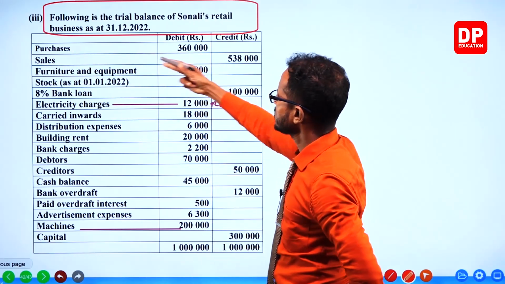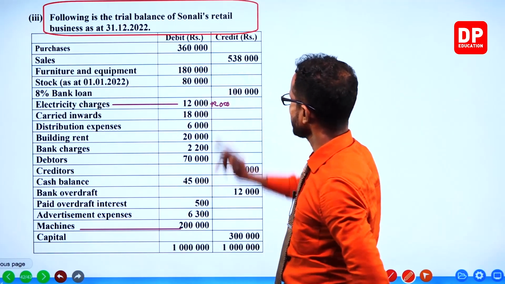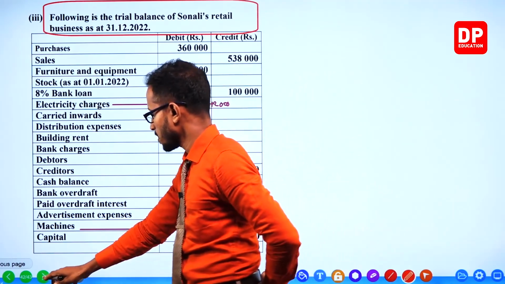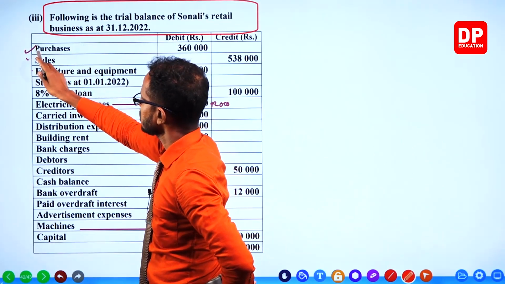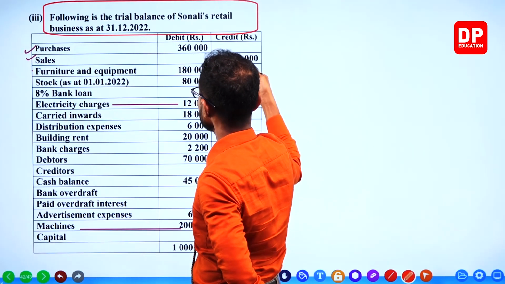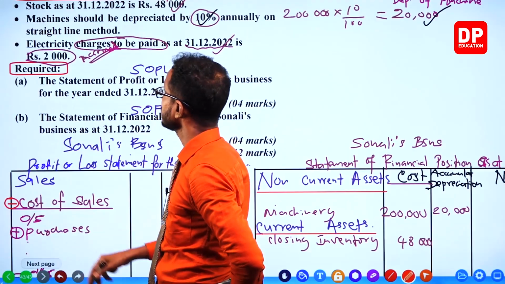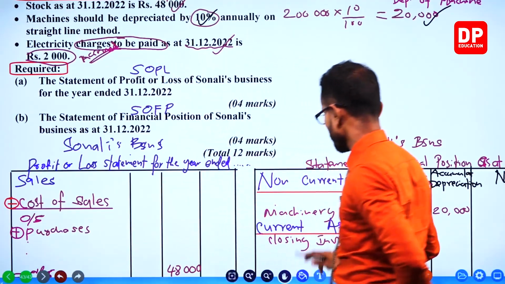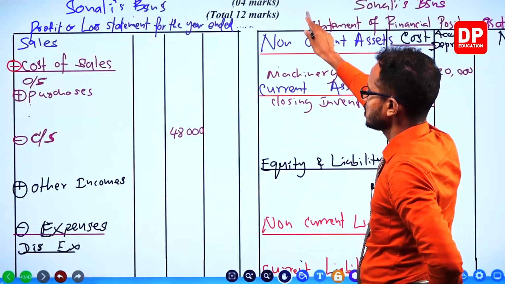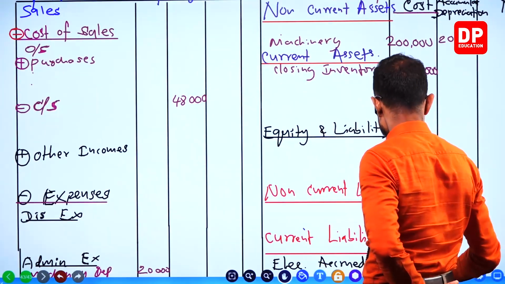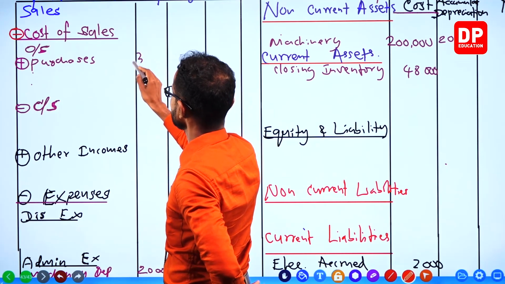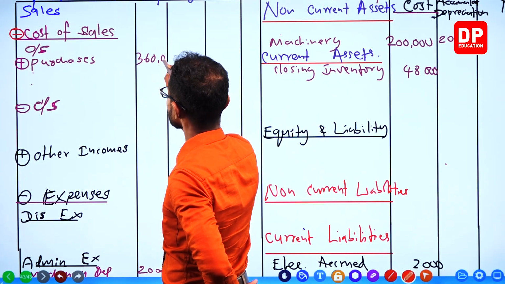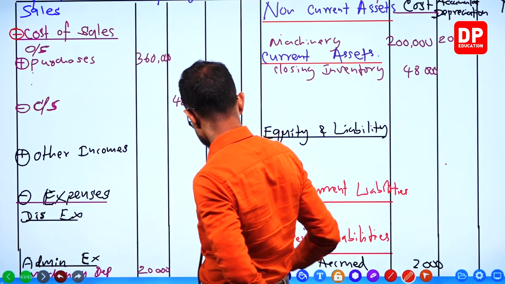Purchases 360, sales 538. You know where to put purchases. Purchases is already mentioned, 360.